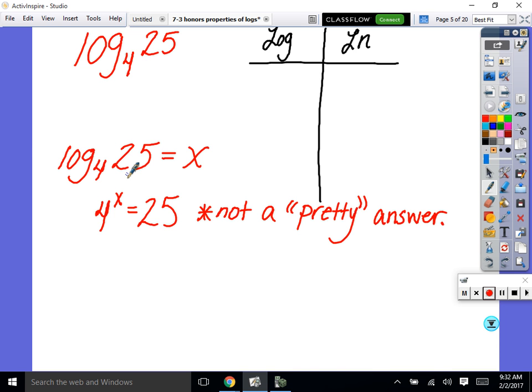So remember what this really means, log base 4 of 25. We can rewrite it as an exponential. Remember last time, if I said to evaluate that, we could try rewriting it as an exponential and evaluating it that way. We don't know what it's equal to, so I called it equal to x. This is what we did last time. To undo log to the base 4 so that we can rewrite it as an exponential, because it's sometimes easier to evaluate an exponential, we did base 4 of both sides.